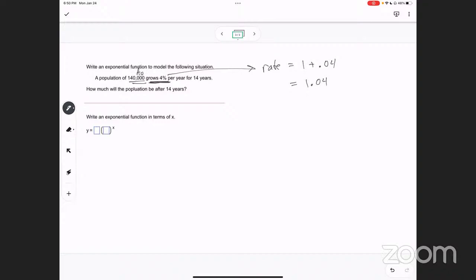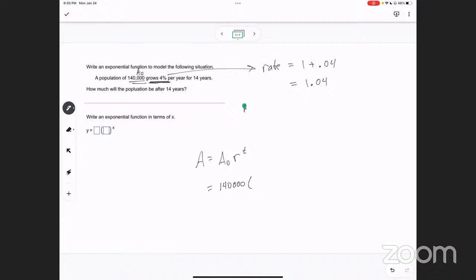So your formula is A equals A sub 0 times R to the T. That's just a more simplified version of what we've been doing. If you want to tell me what your equation is, I'll write that in here. But basically, you're going to write 140,000.